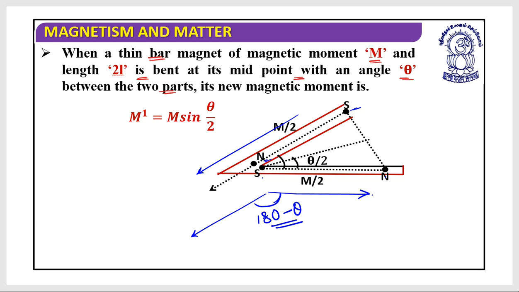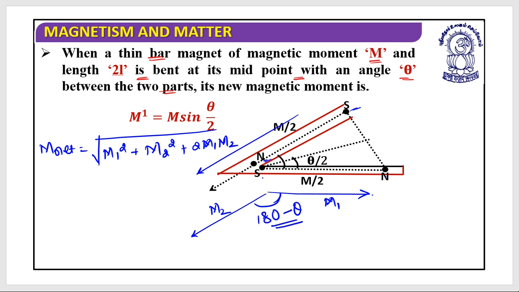So when I write this, let's say this is m1, and this is m2. When I write m net, that should be equal to root of m1 square plus m2 square plus 2 m1 m2 cos of 180 minus theta.